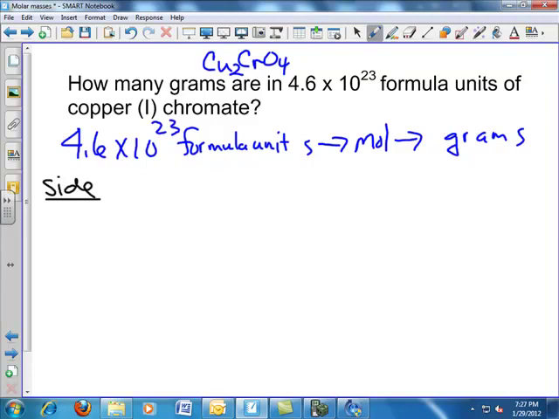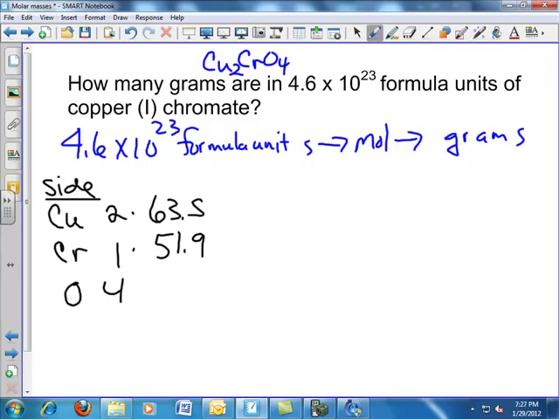Okay? Need to do my side calculation. This is going to be probably what you hate the most, because you always have to make this calculation. So copper, I have 2 of those. Each copper is 63.5 grams per mole. I have 1 chromium. That chromium is 51.9 grams. And notice again, I'm always using 1 decimal except for oxygen, which we said is always going to be 16.